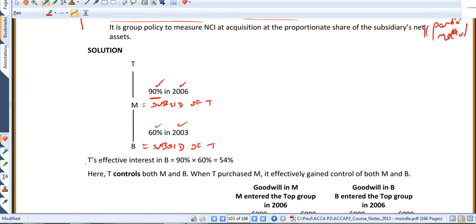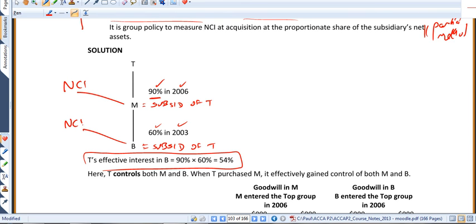We can also calculate what T's effective interest in bottom is by multiplying the 90 and the 60%, and that should allow us to work out the non-controlling interests for both middle and bottom. T owns 90% of middle, and therefore somebody else owns 10%. And T effectively owns 54% of bottom, so somebody else effectively owns 46%.